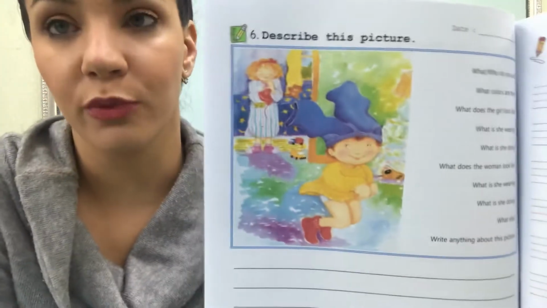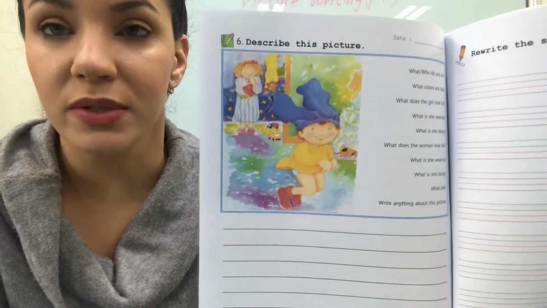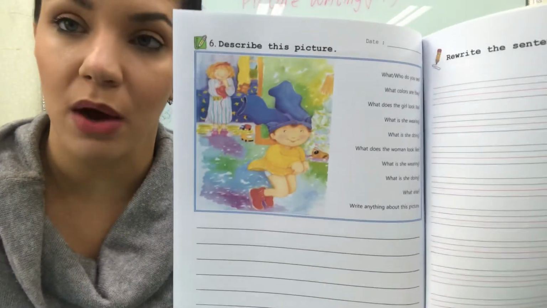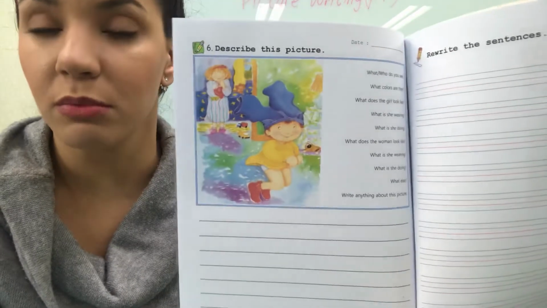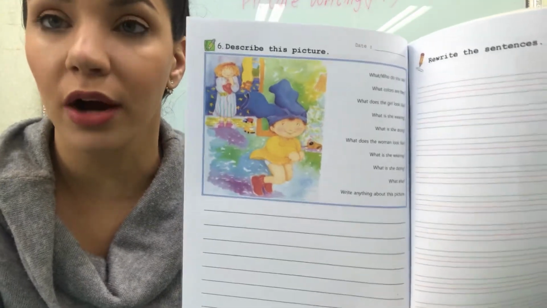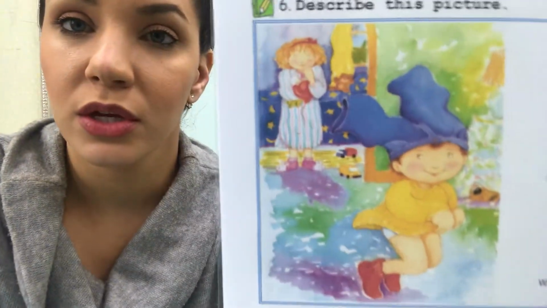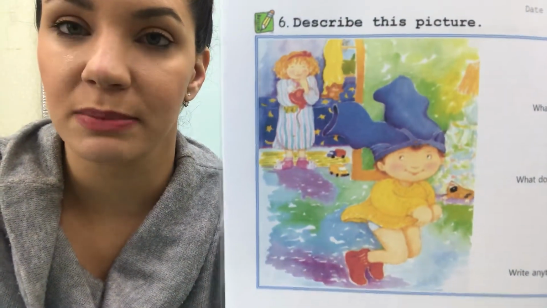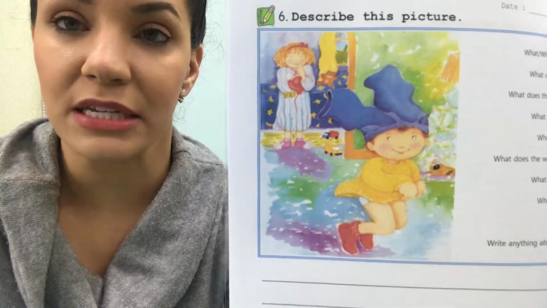Remember last time from our picture writing lesson before, I gave you some tips on what to think about or write about first. Whenever we look at a picture, the most important thing to notice are the people. So we see how many people in this picture? Right, we see two people.